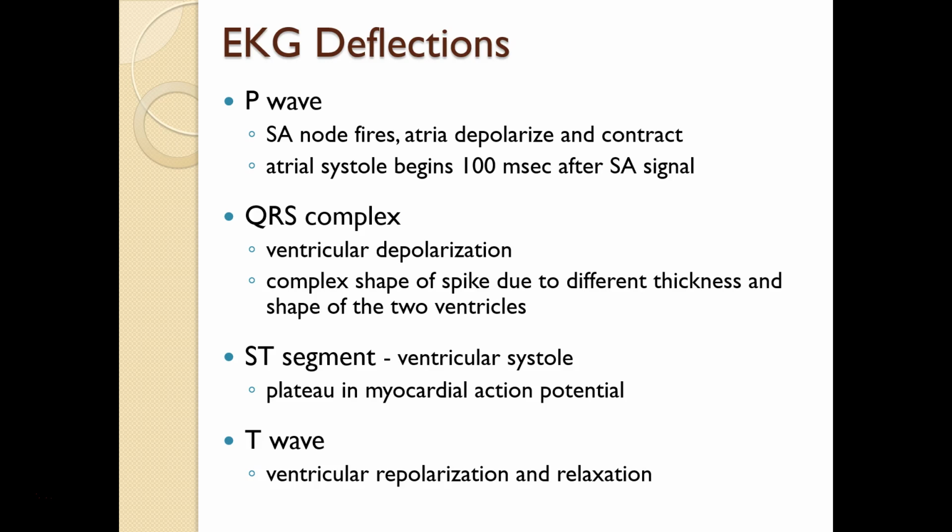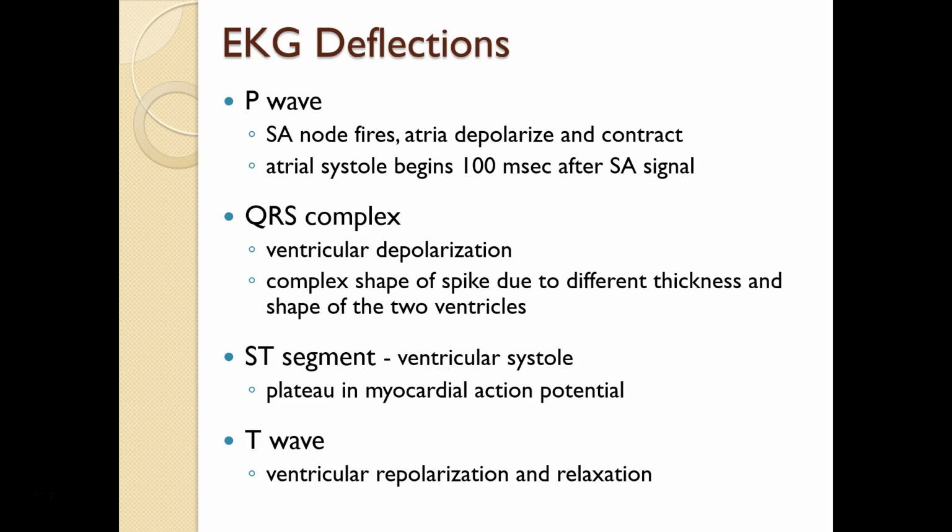So the SA node fires, the atria depolarize, just like in an action potential you have depolarization, and then that causes the muscle to contract. And that contraction is atrial systole. It begins about 100 milliseconds after the SA signal comes in.